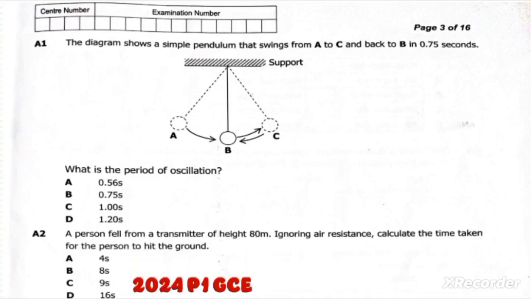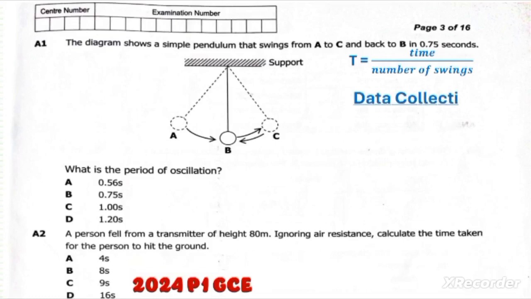Here we are also going to begin by applying the formula. Period is equal to time over number of oscillations. Then let us collect data. What have we been given according to our question?